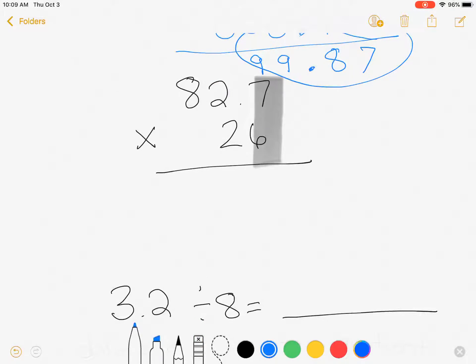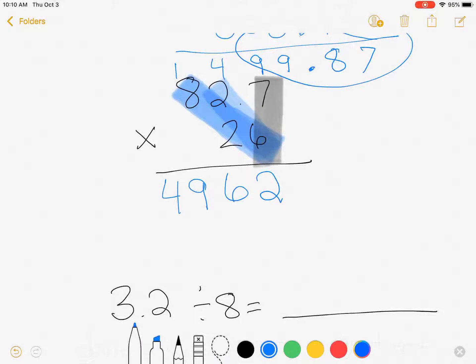Carry the 4, bring down the 2. What next? 6 times 2, which is 12, plus 4 is 16. And then 6 times 8 is 48, plus 1 is 49. So my first partial product is 4,962. Well, we're going to put the decimal back in when we're finished.